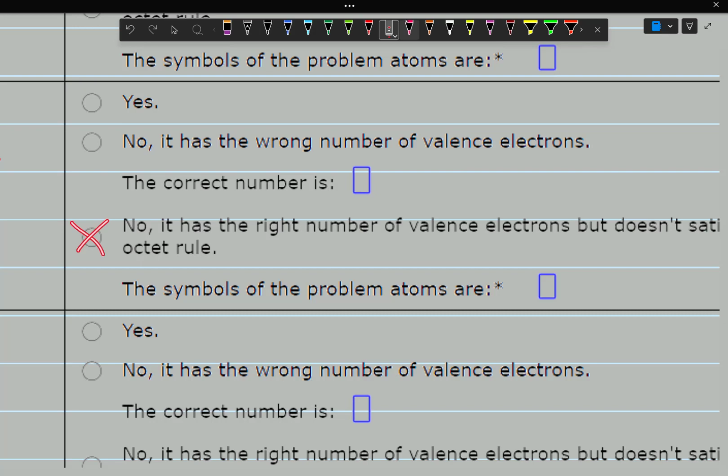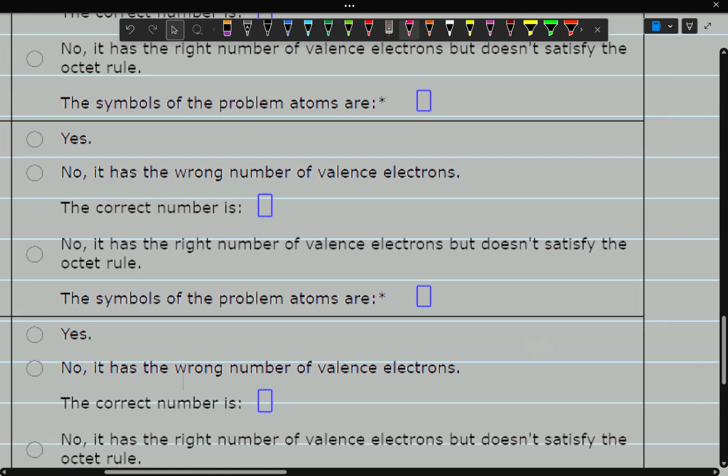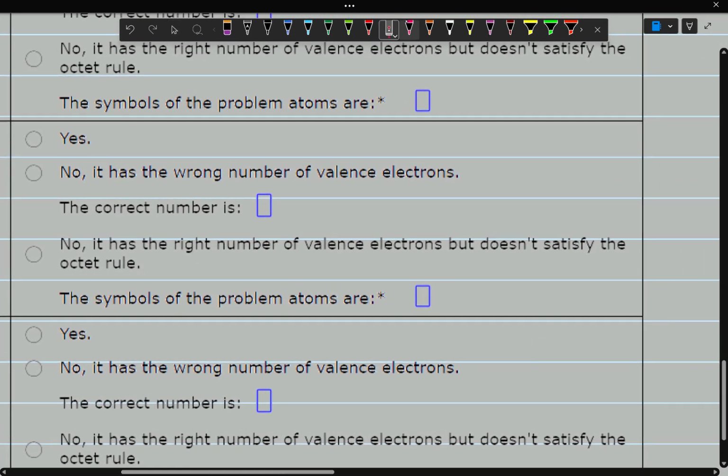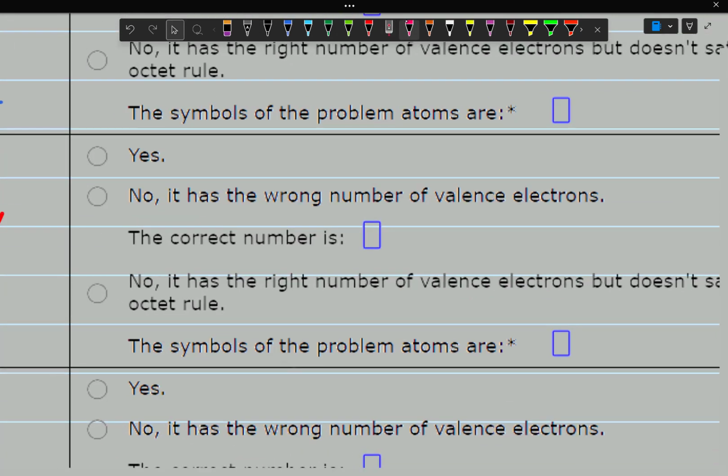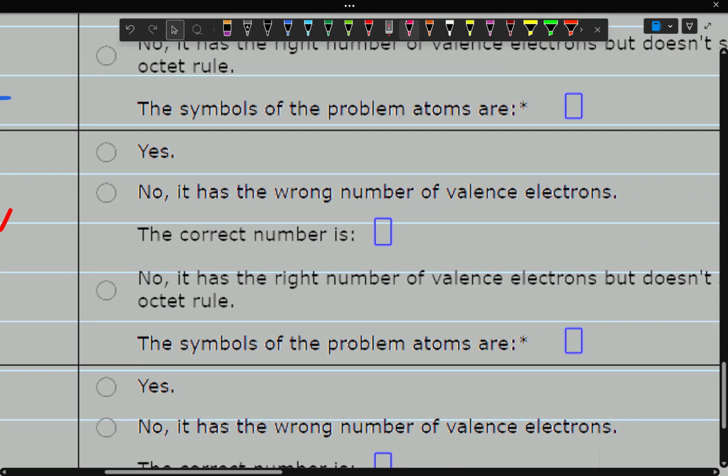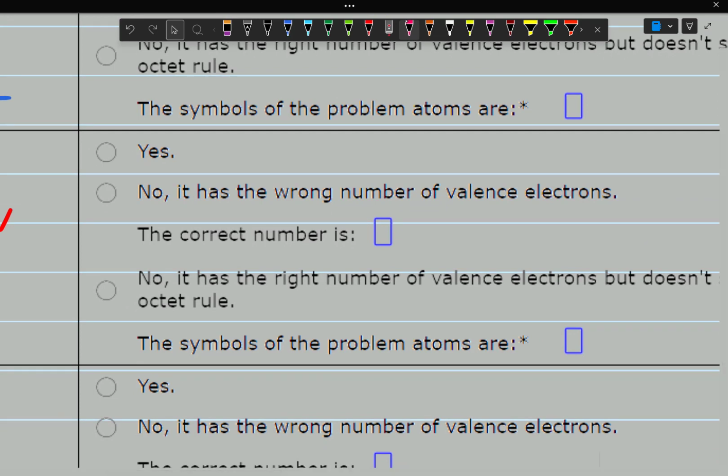Sorry. I was going to say it's not this one, because we have the right number of valence electrons, but it doesn't satisfy the octet rule. It's not this one, because we don't have the right number of valence electrons. Sorry about that. So, this statement is true.